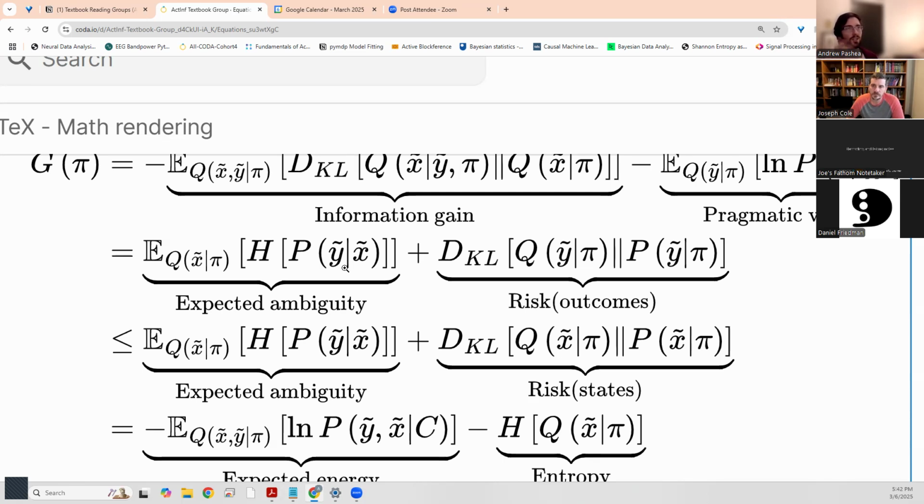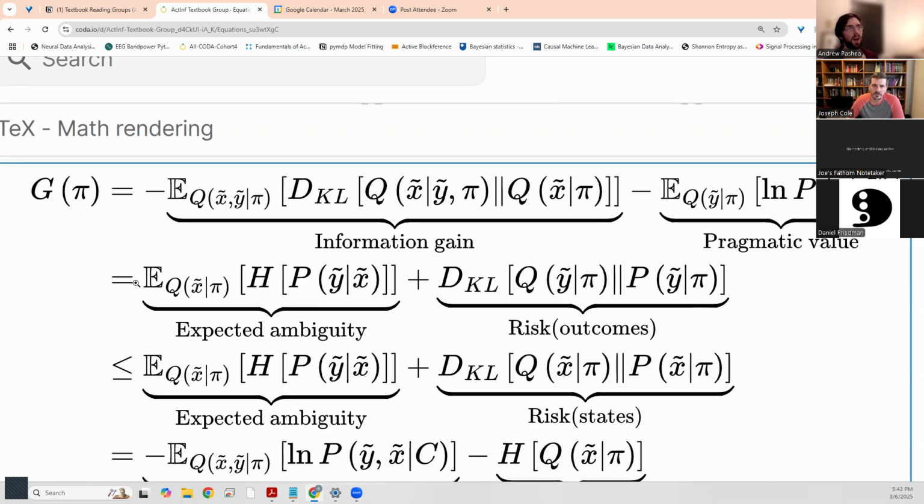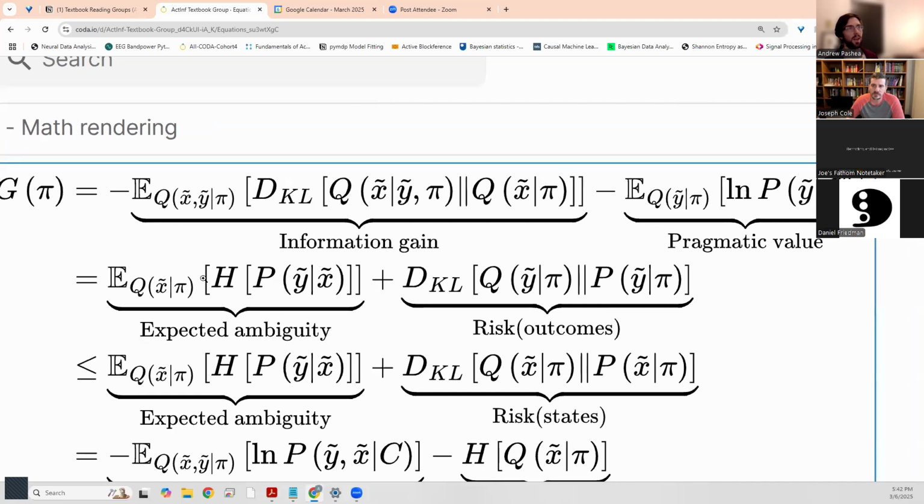I didn't pay attention to the news. That's where you get more of a one-to-many mapping between what this particular observation could mean. Here it's a positive value, so we'd actually want to minimize the entropy of that situation, thus the expected ambiguity.